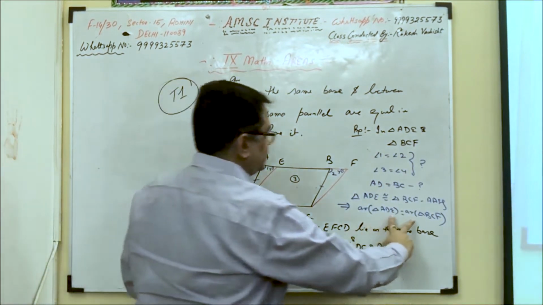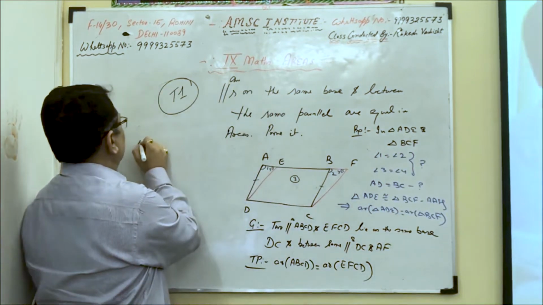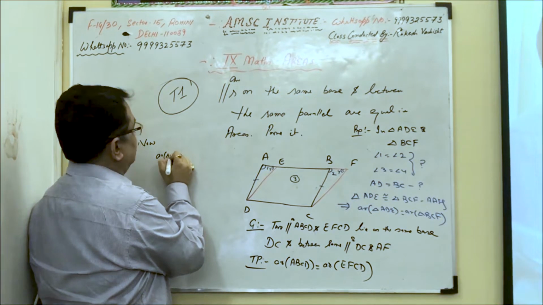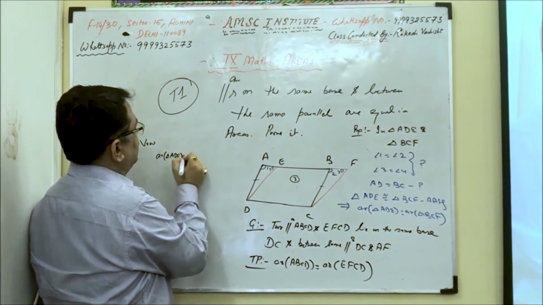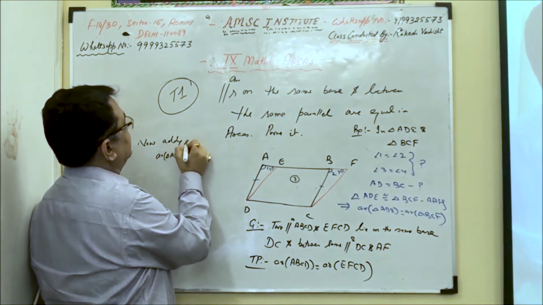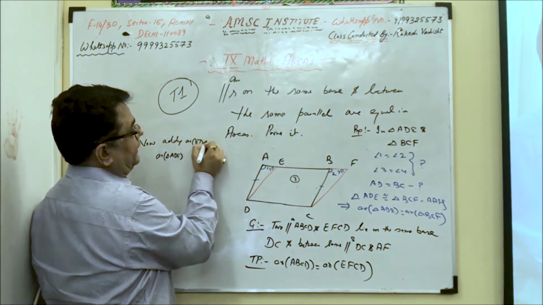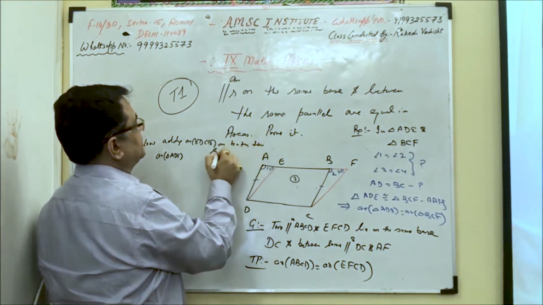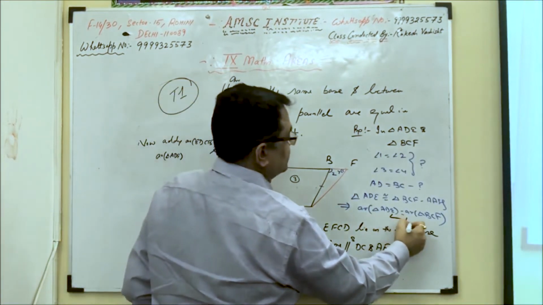And the moment their areas are equal, now add area of EDCB on both the sides. This is first.